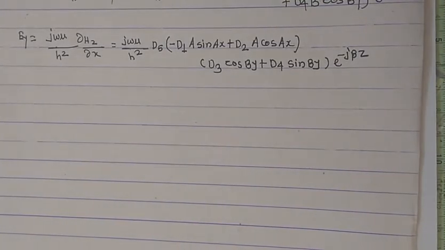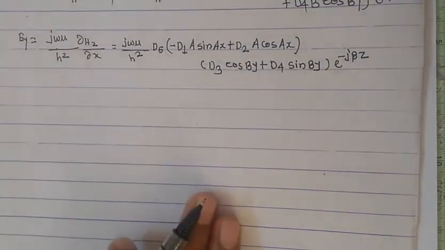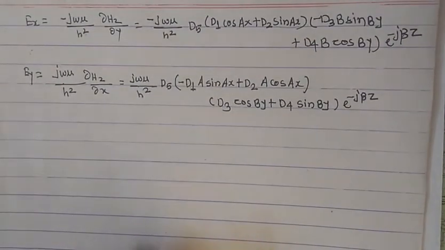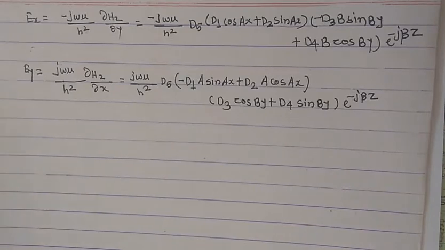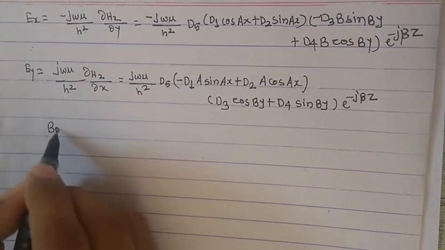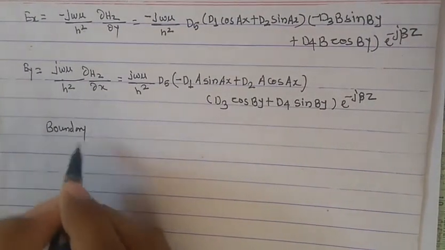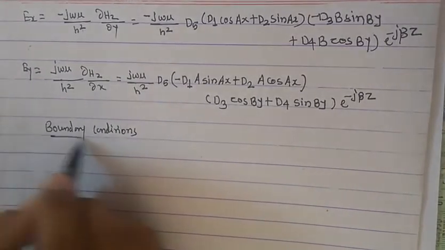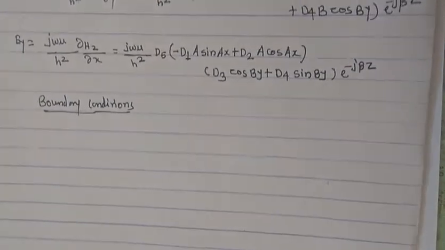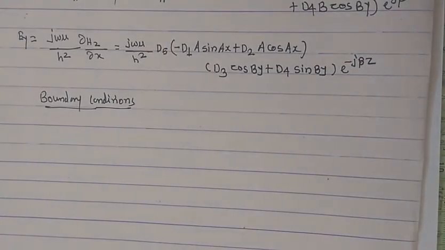So we have obtained Ex and Ey, now you can apply boundary conditions. What are Ex and Ey? These are the transverse components in the transverse plane.